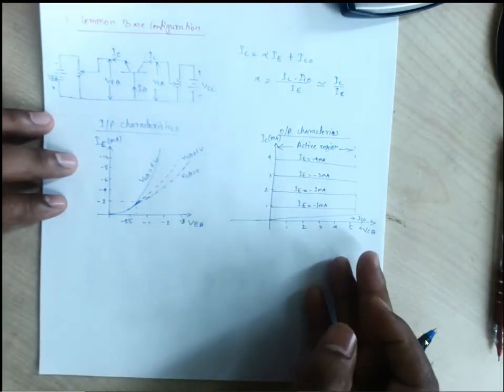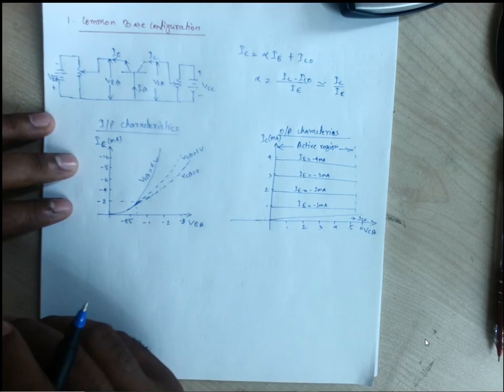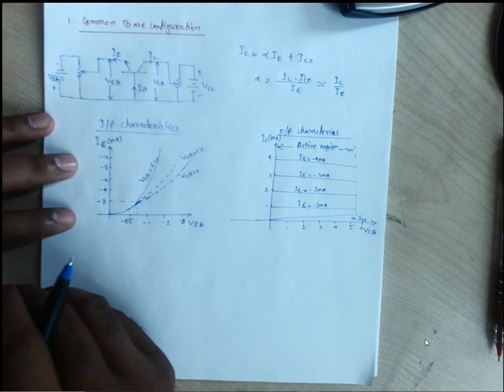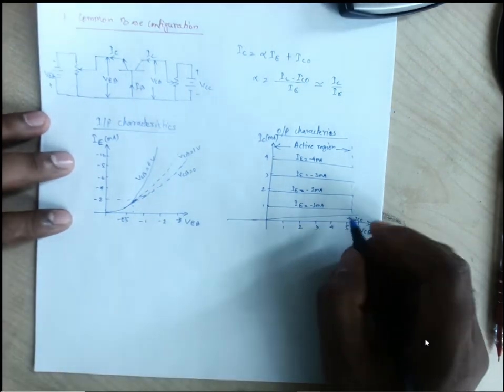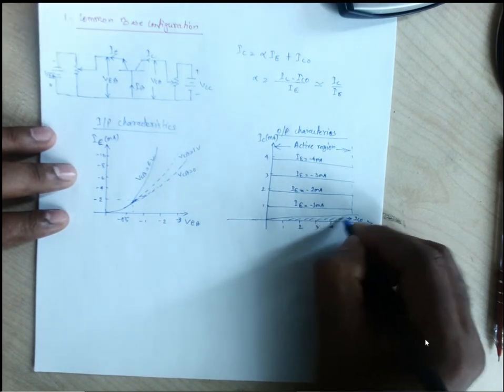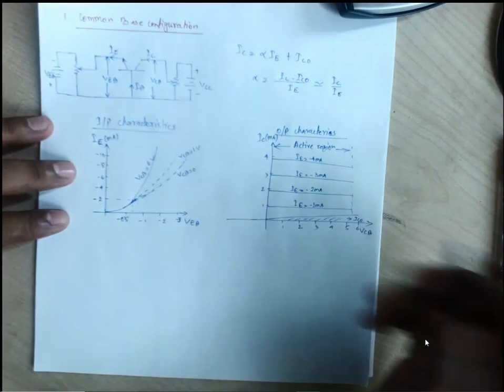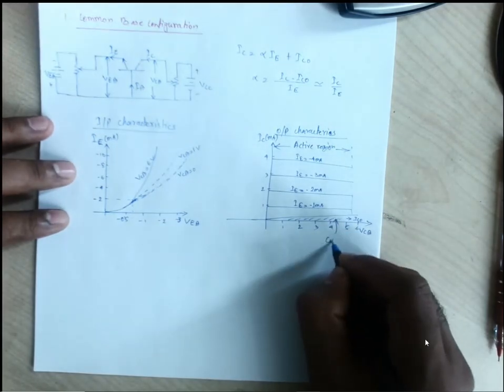Now if we change our VCB, VCB change means VCB is given forward bias. So with the forward bias, ICO will get decreased. This region is known as the cutoff region because VCB is reverse biased and IE is also 0, meaning reverse bias. So that is the cutoff region.